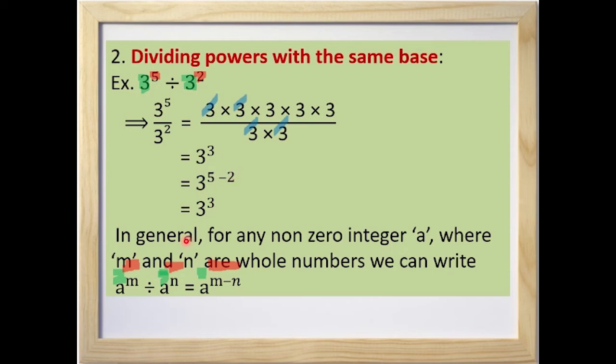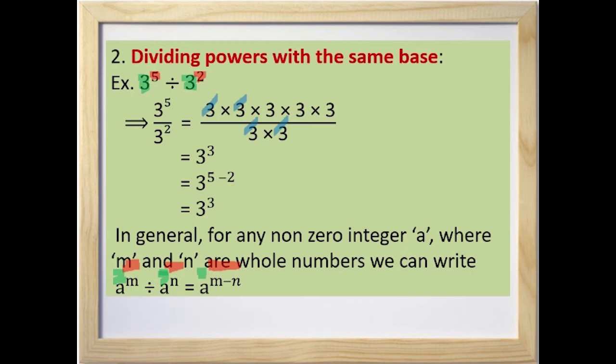So in general, for any non-zero integer a, where m and n are whole numbers, we can write a raised to the power of m divided by a raised to the power of n is equal to a raised to the power of m minus n.